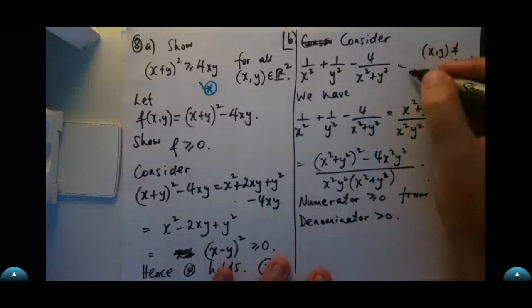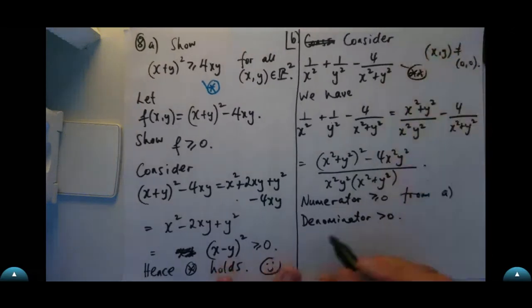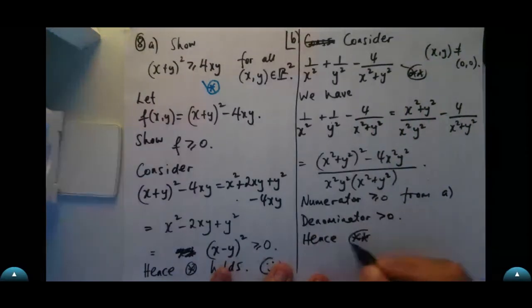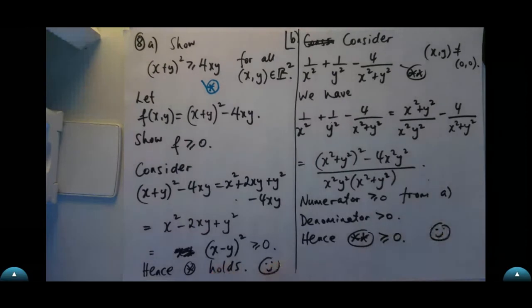Hence, let's call this double star. Double star is always greater than or equal to 0. But I like your idea there, Nathan. I think a substitution is probably better. Yeah, I think that's very clever. This is probably a couple of steps too much.